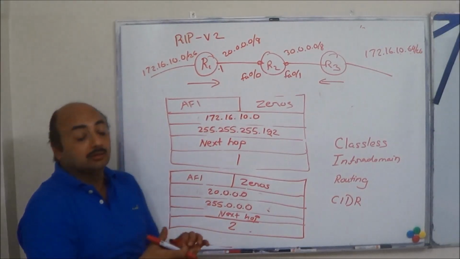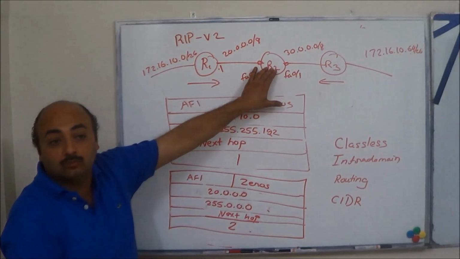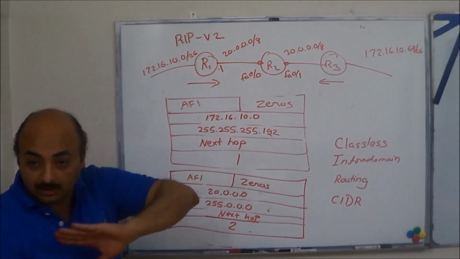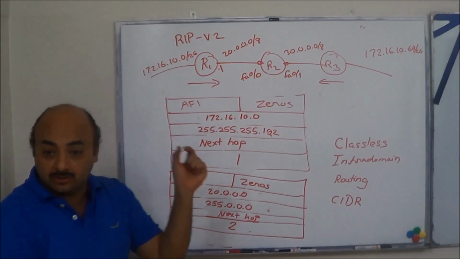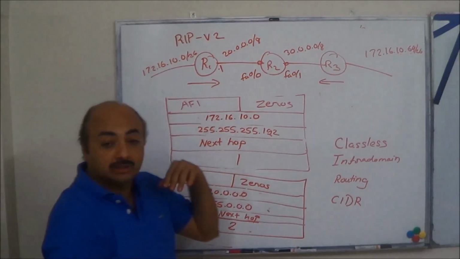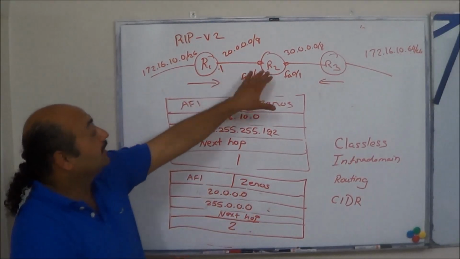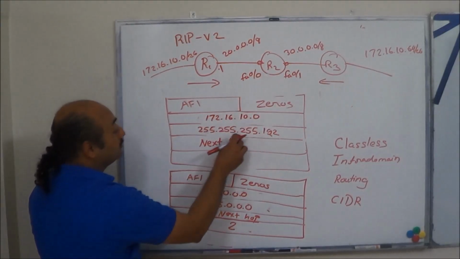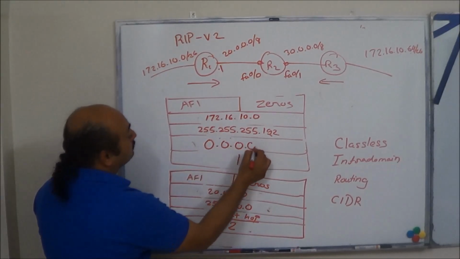Remember that? When R1 is sending R2 a RIP packet, it's sending, first of all, an Ethernet frame. And in that Ethernet frame, there is an IP packet, which has a source IP and a destination IP. Based on that source IP, it was learning that. So unless we have modified anything, this field remains zeros.